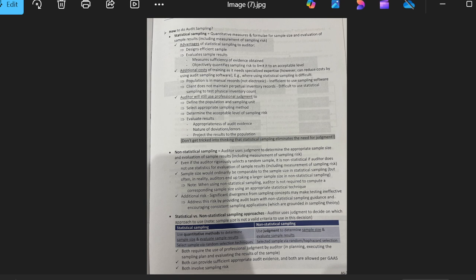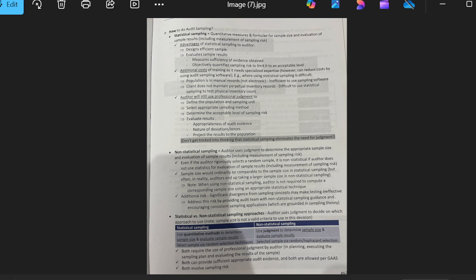Now, talking about the approaches, in statistical sampling quantitative methods are used to determine the sample size and evaluate the sample results, whereas in non-statistical sampling judgments are used to determine the sample size and evaluate the sample results.